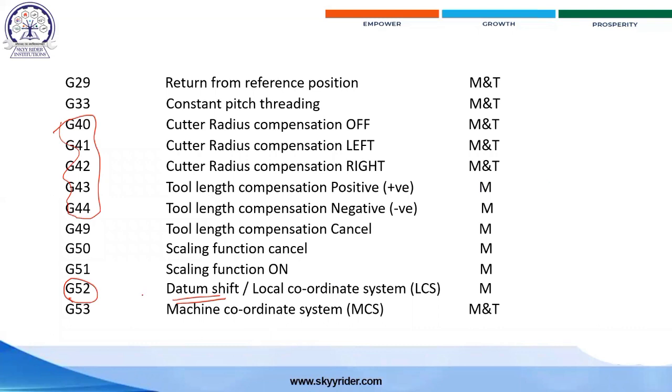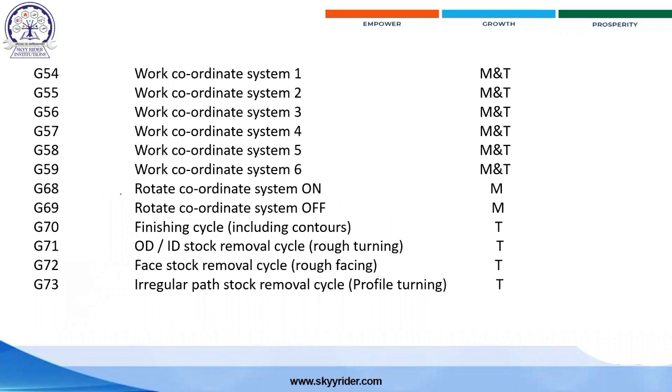Then G54, which is called the workpiece coordinate system, where the workpiece coordinate is 0, 0. All these things we are going to use today.